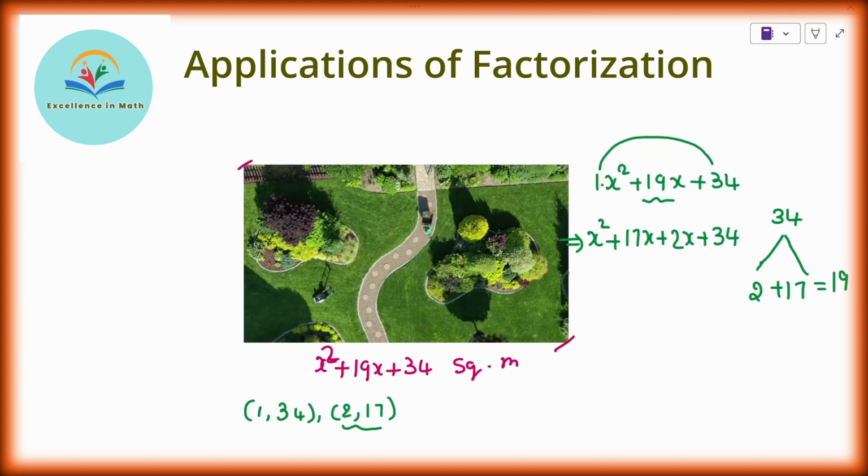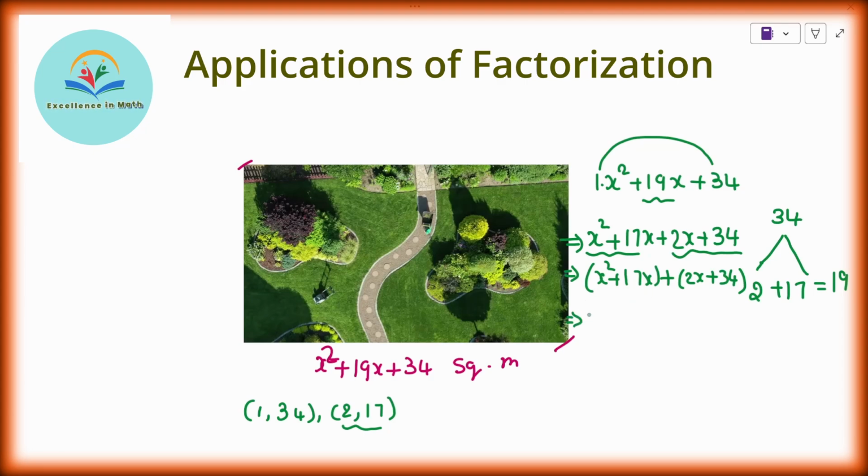Definitely no. In that case, we factorize this by using the regrouping method. So I am grouping them into 2 groups: x squared plus 17x, plus 2x plus 34. Hope you are clear?